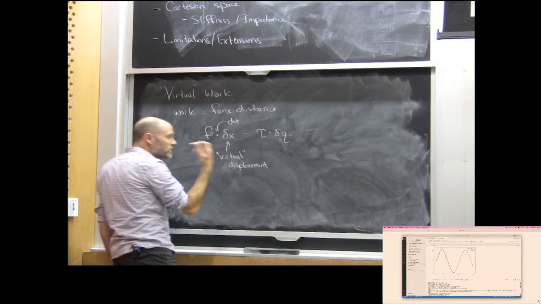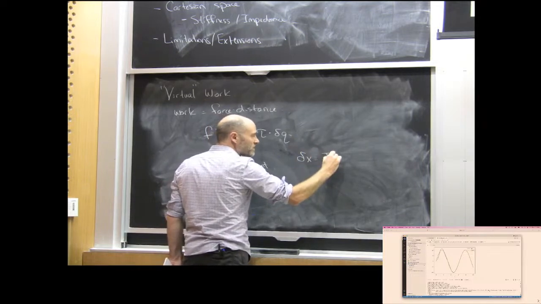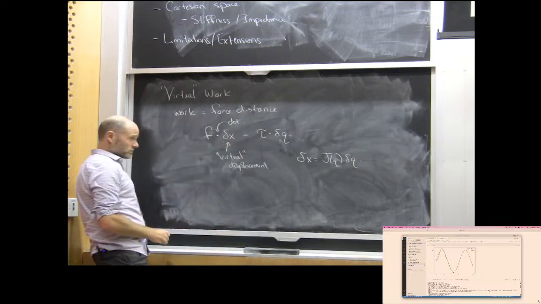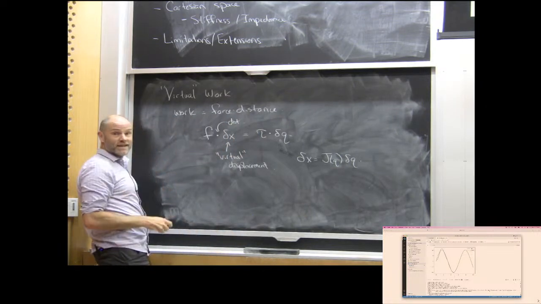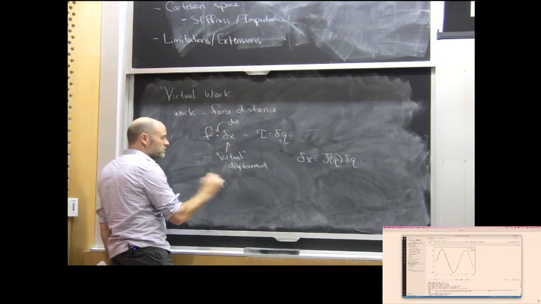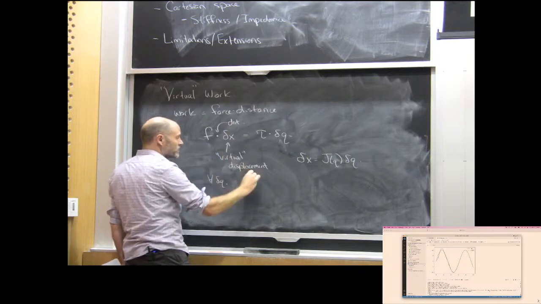Since we also know that delta x is related to delta q by the Jacobian, then if you put this together and say it has to work for all delta q, I have f, and I'll go ahead and multiply out the transpose.